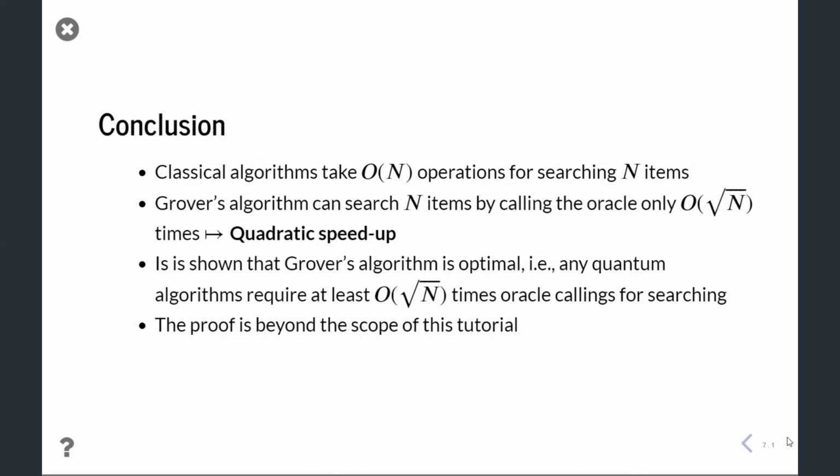So we get with Grover a quadratic speedup, and it has been demonstrated that the Grover algorithm is optimal. So no other algorithm can be better in terms of order of magnitude. But to prove that, it's a little beyond the scope of the tutorial.